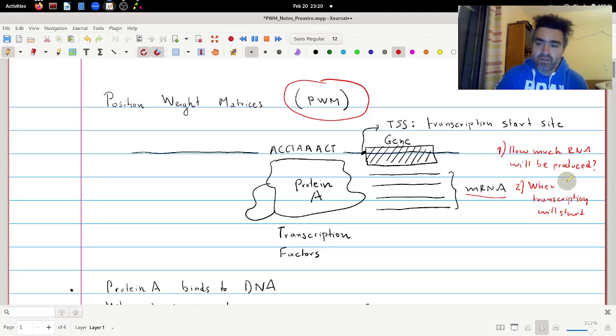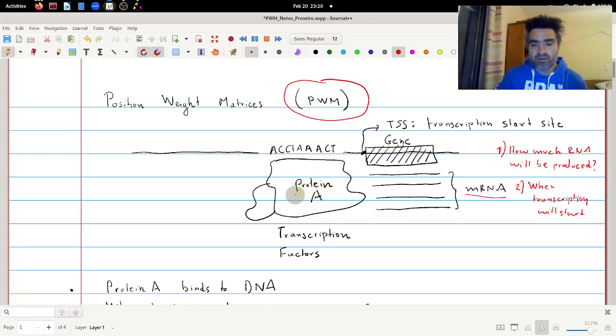In order for the cell to give a satisfactory answer to these two questions, it must have a regulatory mechanism that will regulate transcription.